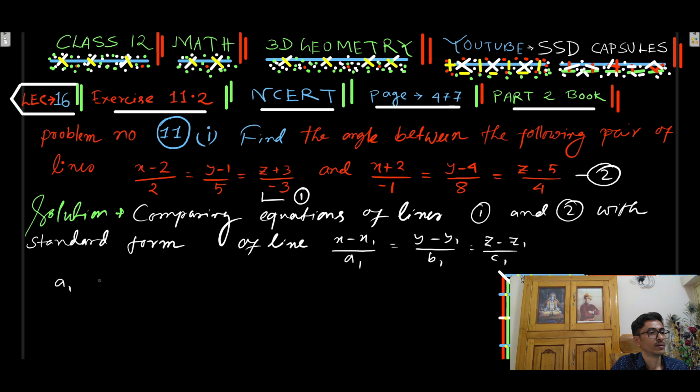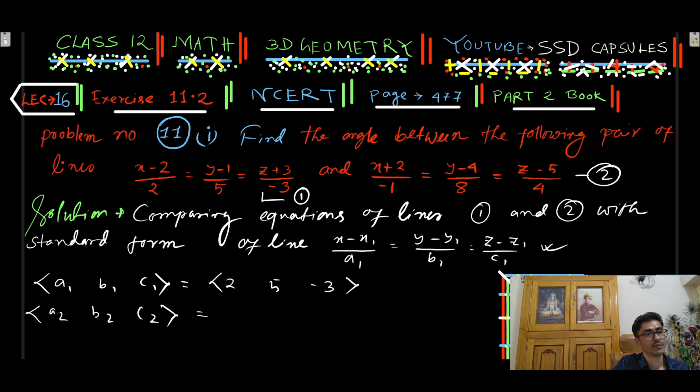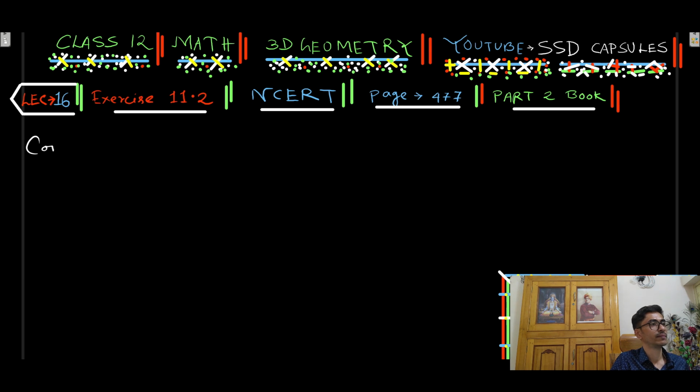So a1, b1, c1 equal to 2, 5, minus 3. And again comparing this standard form with equation 2, we get A2, B2, C2 is minus 1, 8, 4. So again we are applying the formula we have learned in lecture number 9.